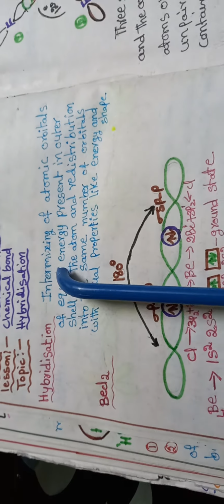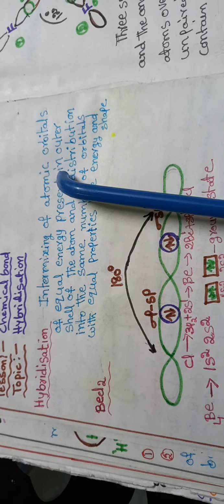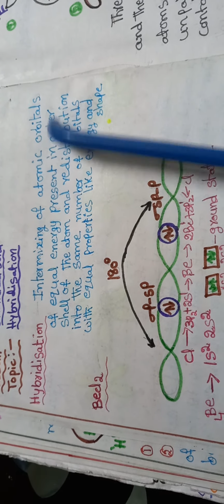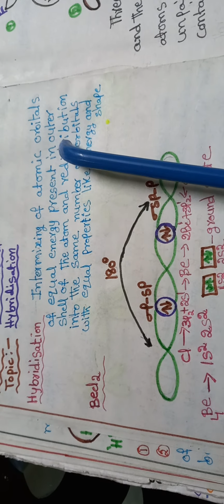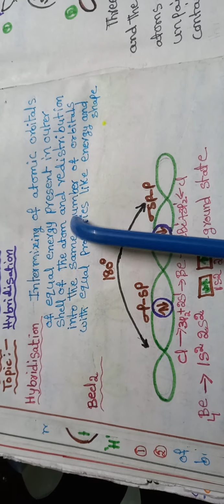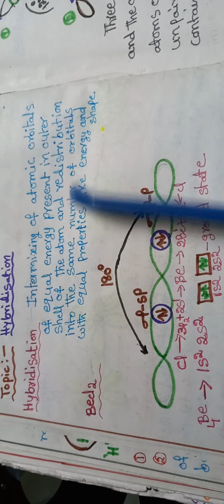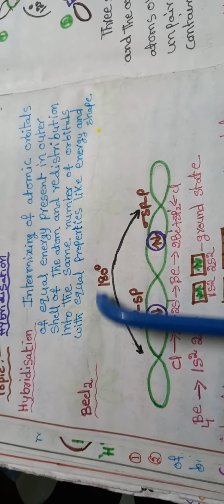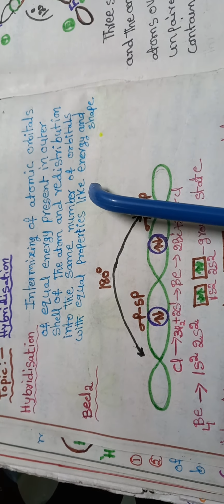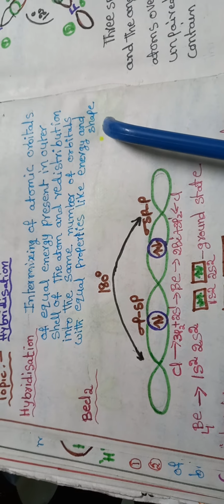Hybridization means intermixing of atomic orbitals of equal energy present in the outer shell of the atom and redistribution into the same number of orbitals with equal properties like energy and shape.